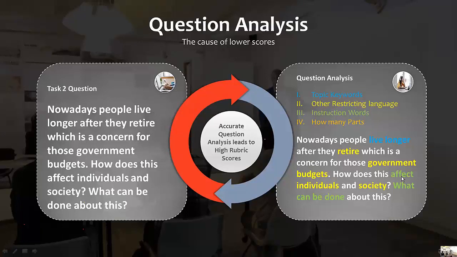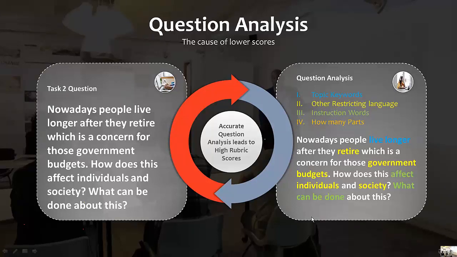Now the last part of this is how many parts are there to this question? How many parts are there to the question? No, Paloma. Yes, there are 3 parts.